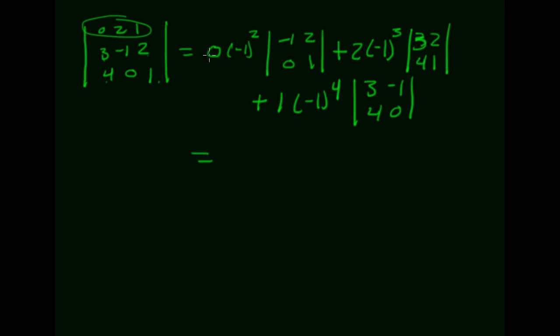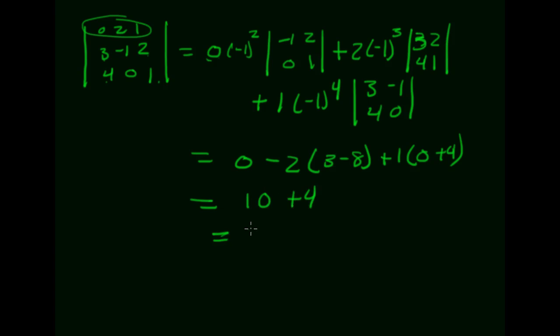Okay, so here, 0 times anything is 0. Now, let's see, this is going to be minus 2 times the determinant of this, which is 3 minus 8. And then this is going to be plus 1 times 0 plus 4. Let's see, that's 0. This is negative 5, so that's 10 plus 4 makes the determinant 14.